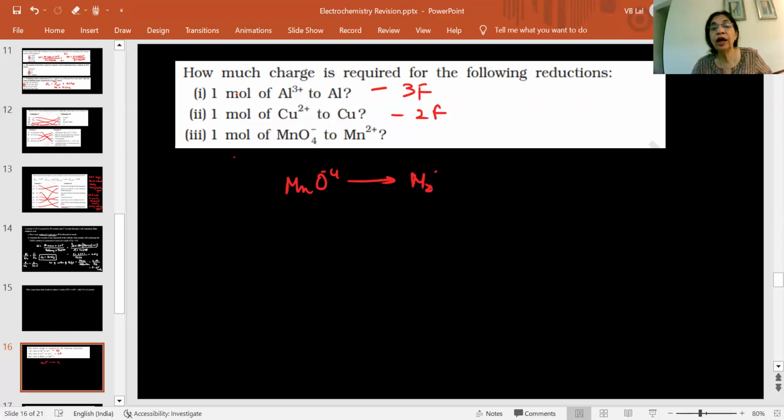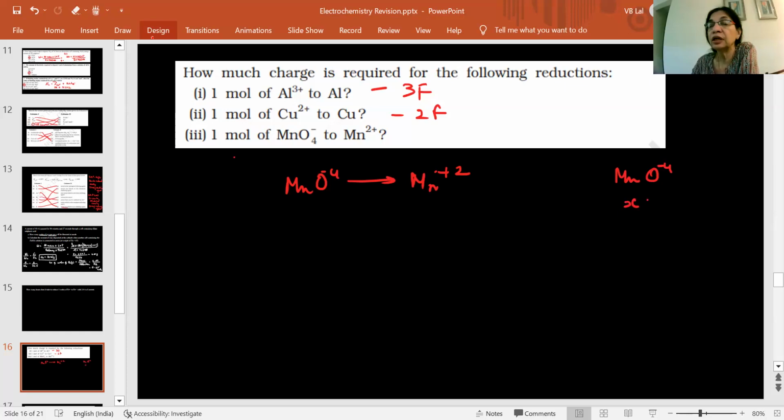Right? You will have to find the oxidation number and change in oxidation number. How many electrons are required to convert MnO4- to Mn2+? Now, what is the charge on MnO4-? What is the charge on manganese?